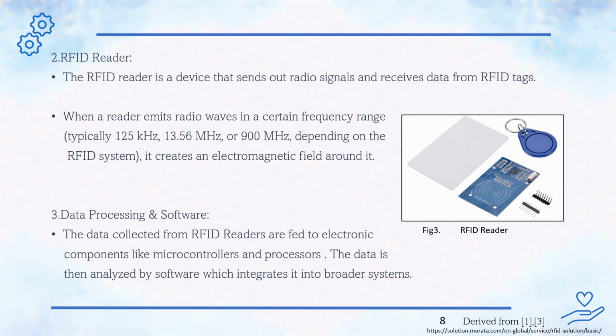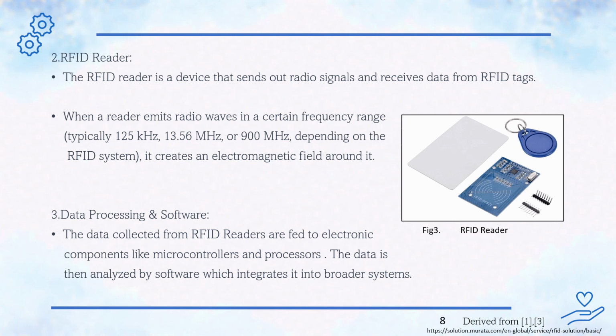It completely depends on what type of RFID system you are using, ultra high or medium high or whatever; the frequency range differs on that basis. This creates an electromagnetic field around it, and that is what enables the communication between the systems.